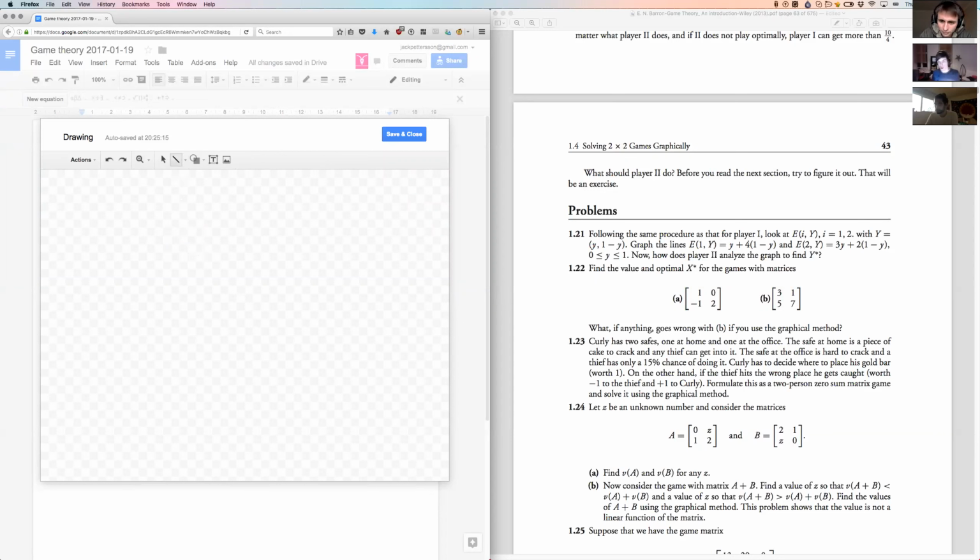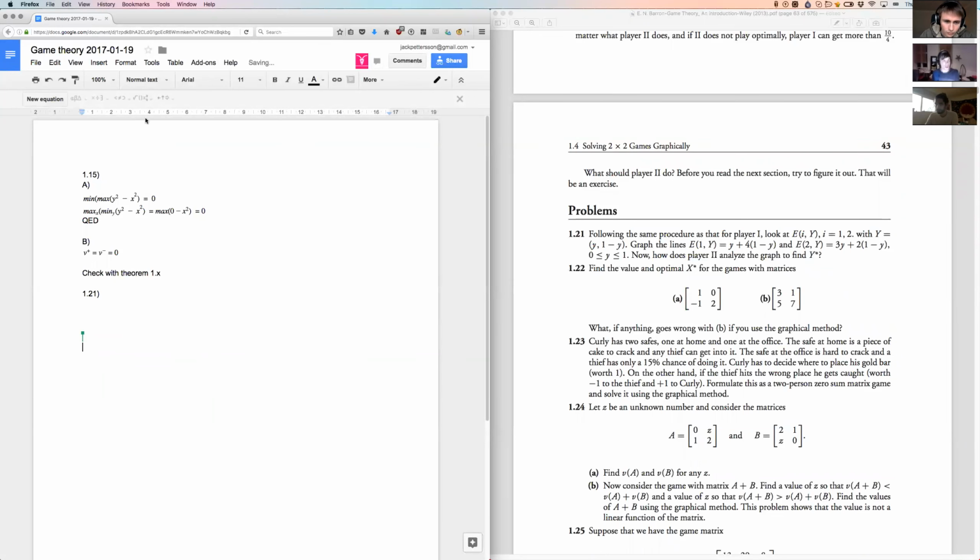Okay, so we're gonna graph the lines. Okay, we could start by doing this. So we're gonna graph the lines y plus 4 times (1 minus y), which is equal to 4 minus 3y.